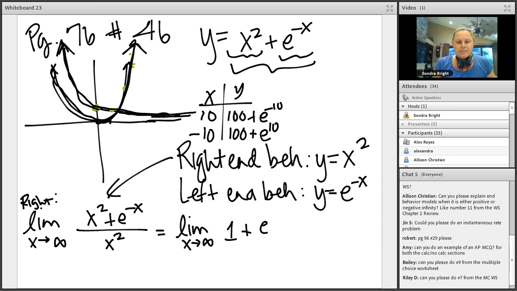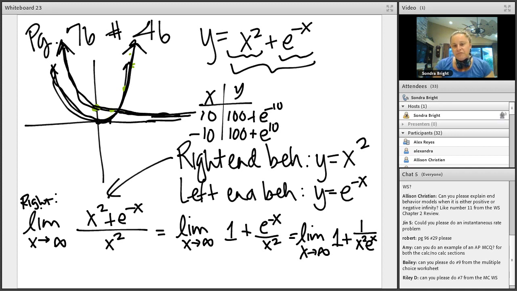Plus e to the negative x over x squared, which e to the negative x is the same thing as dividing by e to the x. And so the limit as x goes to infinity of 1 plus, this would be 1 over x squared e to the positive x now.